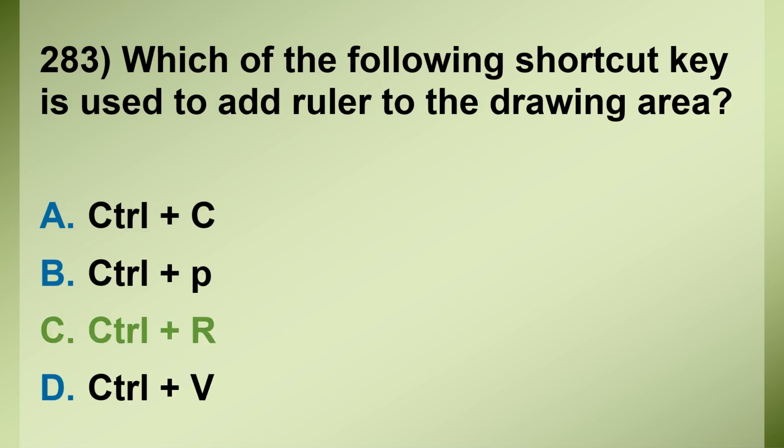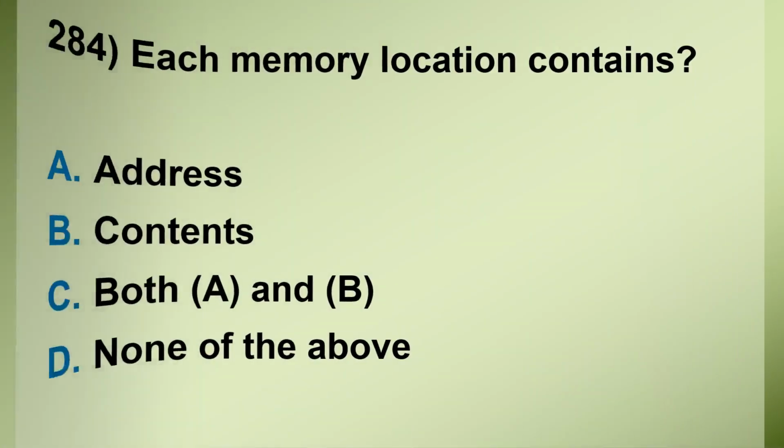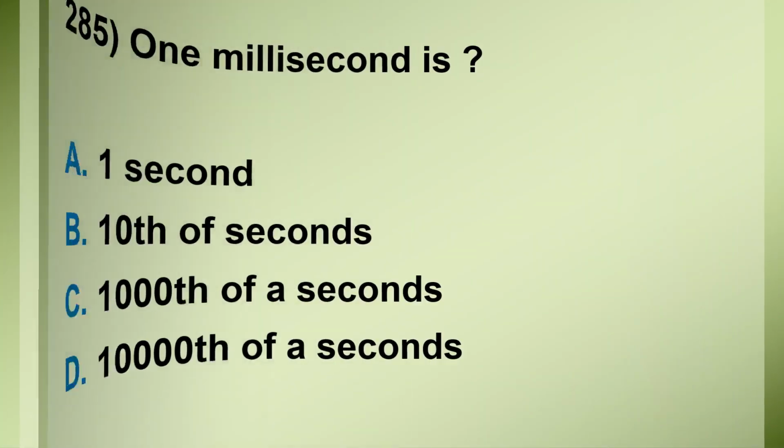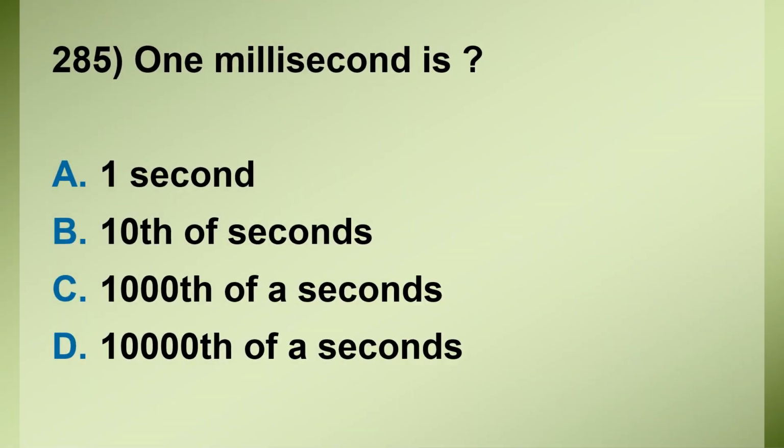That is Ctrl plus R. Each memory location contains both address as well as contents. 1 millisecond is a thousandth of a second.